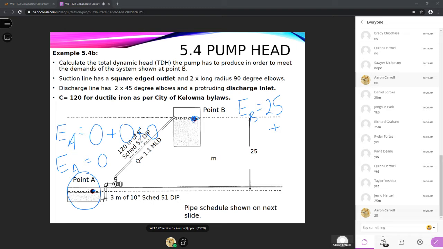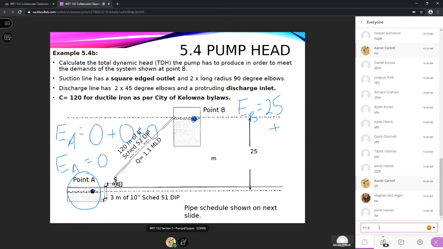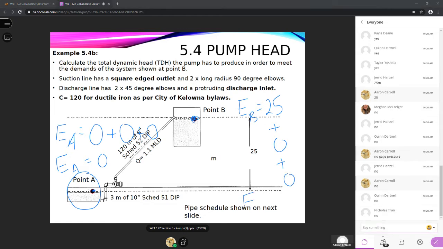Do we have any pressure energy at that point? No, we've got nothing. Do we have any velocity energy at that point? No, we've got no velocity. So all of our energy at point B is due to our elevation, and it's 25 meters of head.